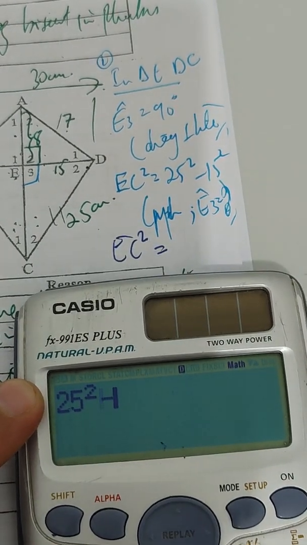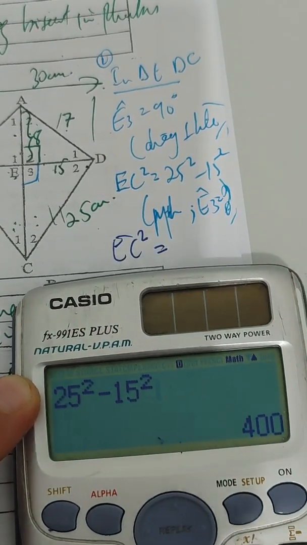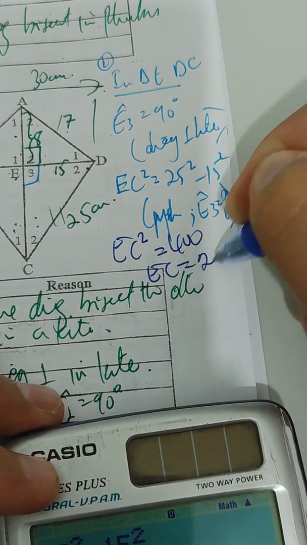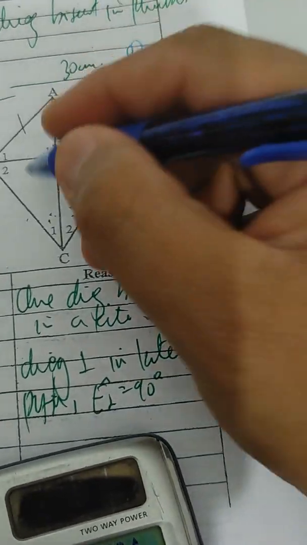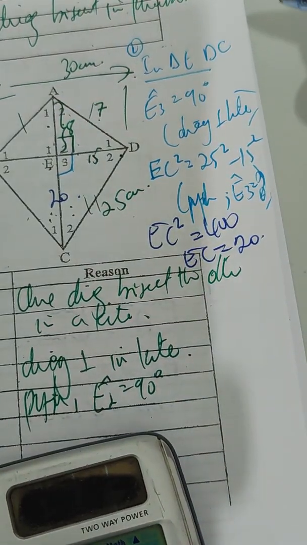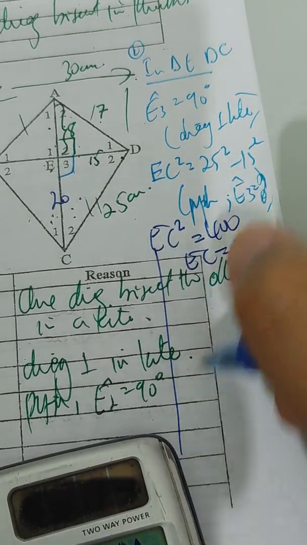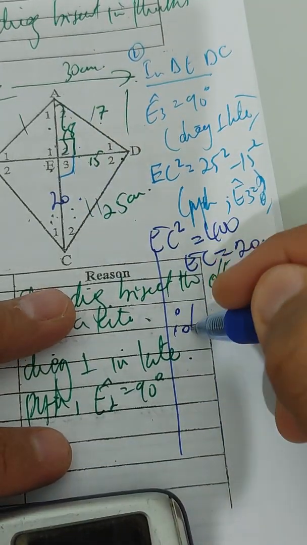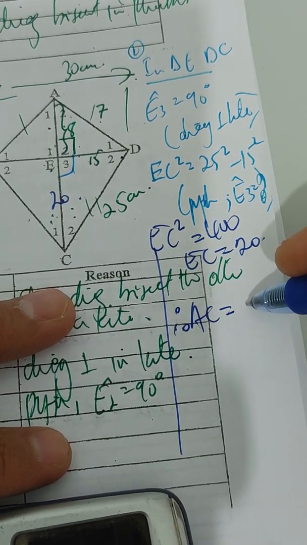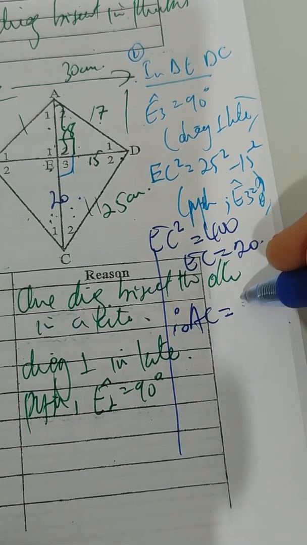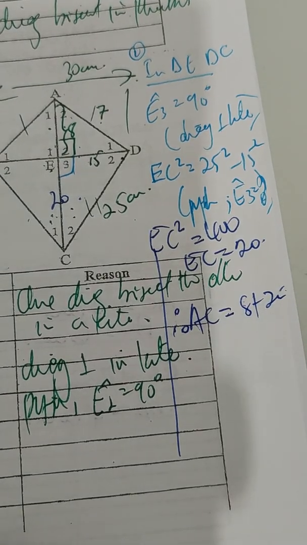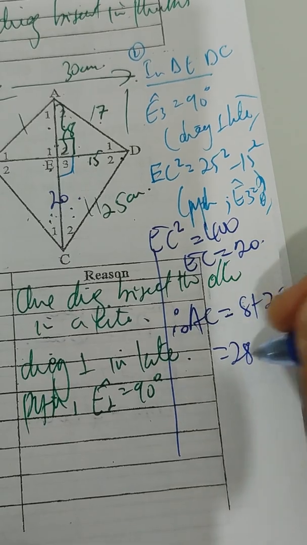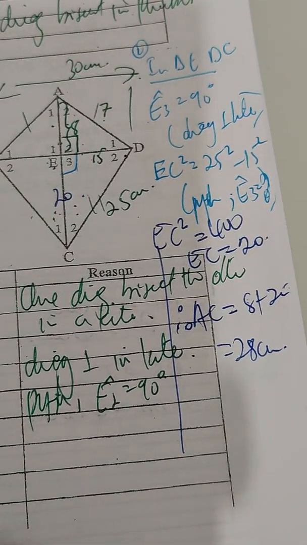It's going to give you 400, so EC is going to be 20, since the square root of 400 is 20. But remember, the question was for the length of AC. Therefore, AC is going to be 8 plus 20, which gives an answer of 28 centimeters.